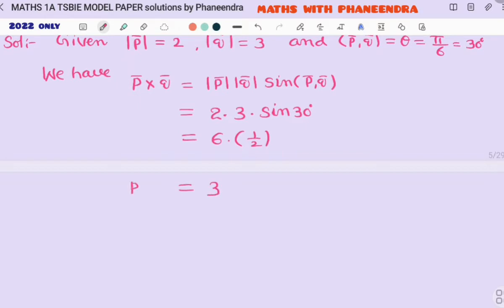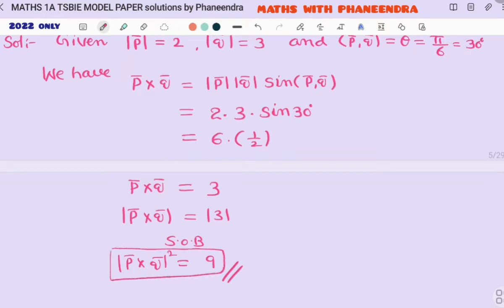So mod P bar cross Q bar is equal to 3. Squaring on both sides, mod P bar cross Q bar whole square is equal to 3 square, which is 9. So that's what they are asking.